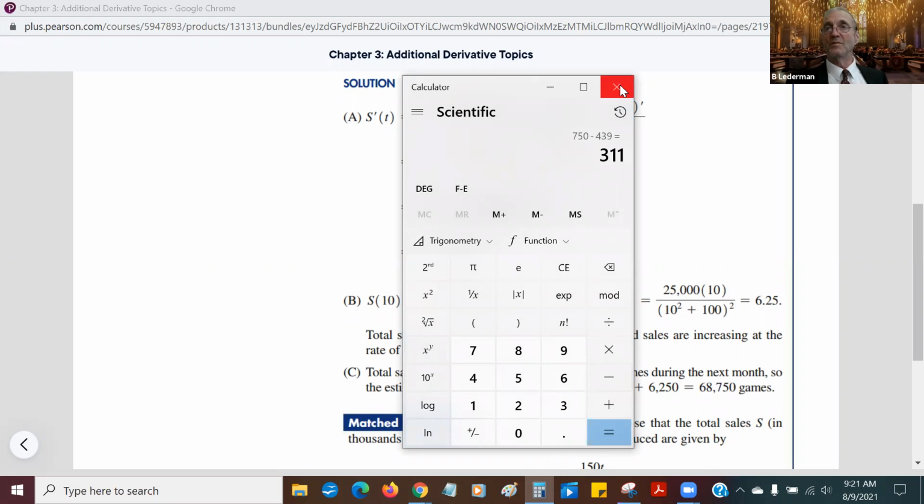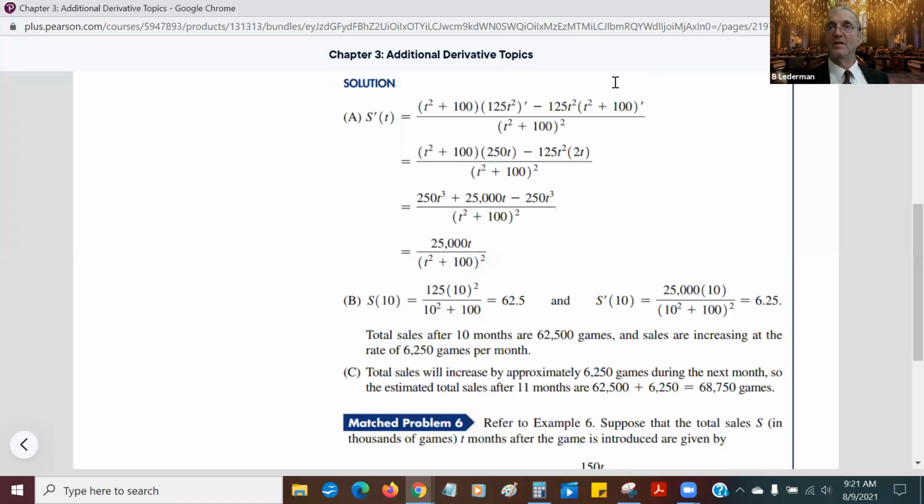It's not so horrible. What percentage is that? Divided by 68,000. That's less than 0.5%.